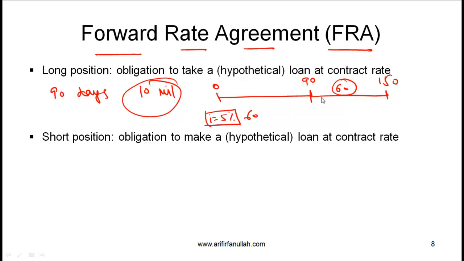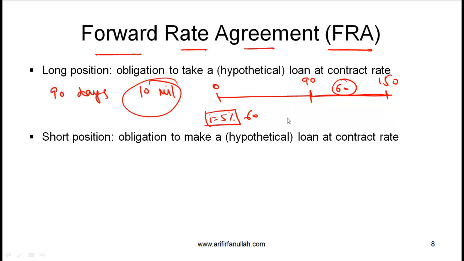So this is an example of a forward contract where at time 0 you are getting into a contract to borrow a certain sum of money, which is 10 million, for a certain period of time, which is 60 days, at a certain rate, which is 5%. So that's your long position.